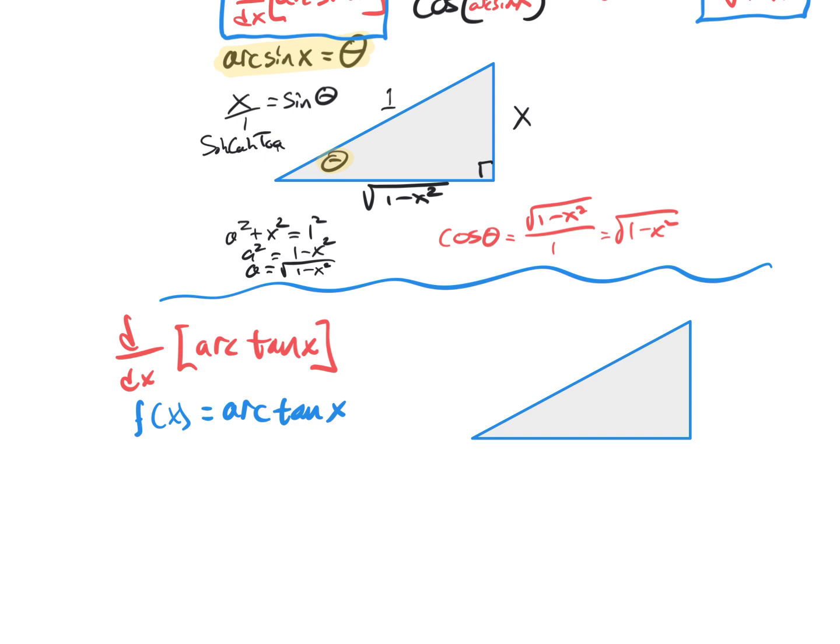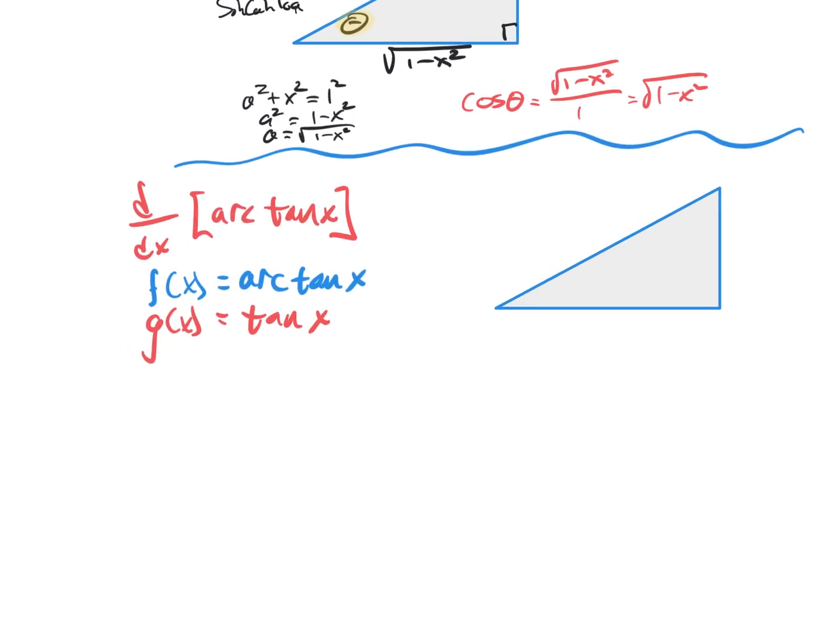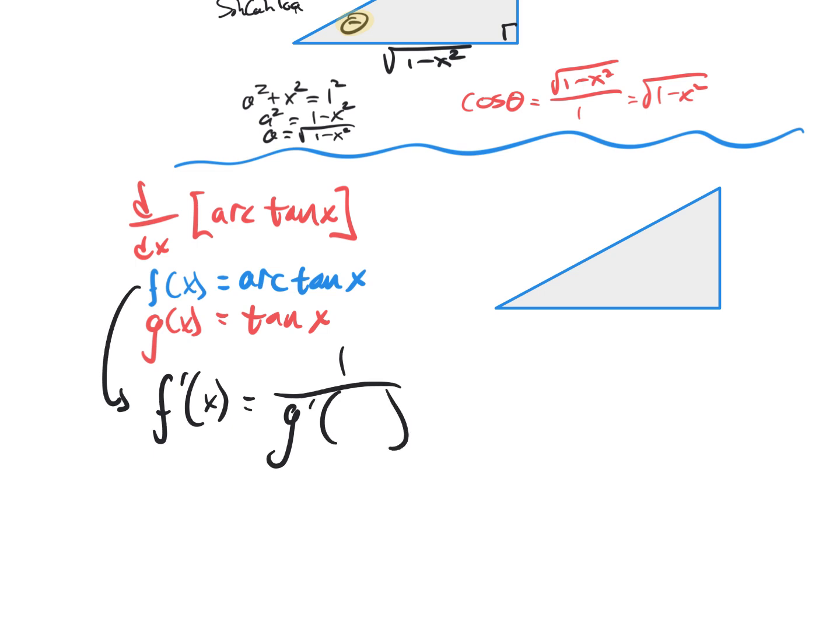So if we say f of x is the arctangent of x, then g of x is tan x. All right. And we know our inverse function rule. f is what we care about. So we're looking for the derivative of f. That's 1 over the derivative of g evaluated at f of x.